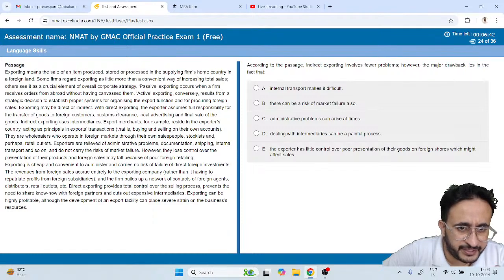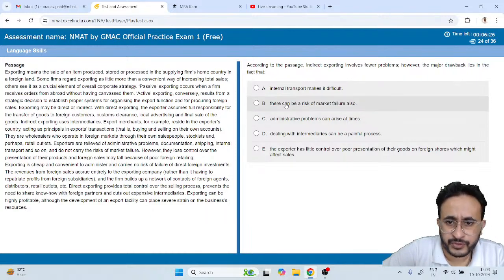Exporting may be direct or indirect. With direct exporting, full responsibility. Indirect: intermediaries, for example, reside in the exporter's country and they are wholesalers. However, they lose control over the presentation in foreign sales. Okay, there can be a risk of market failure also. Yes, so this is what is given as a problem.